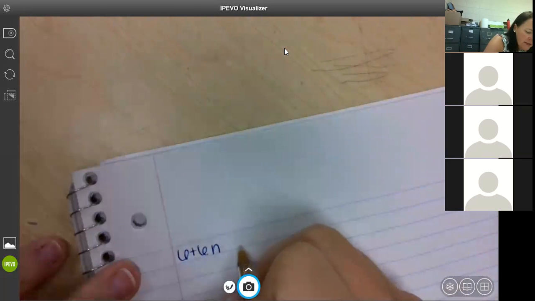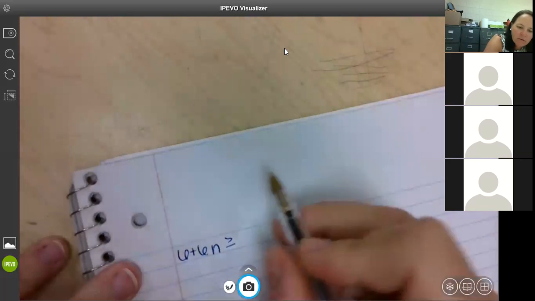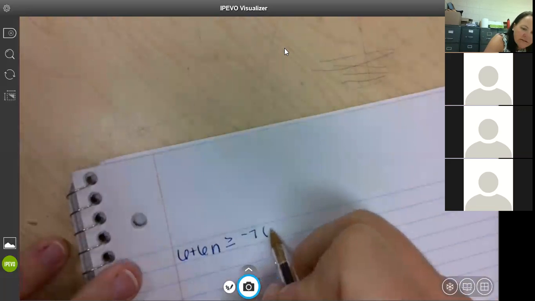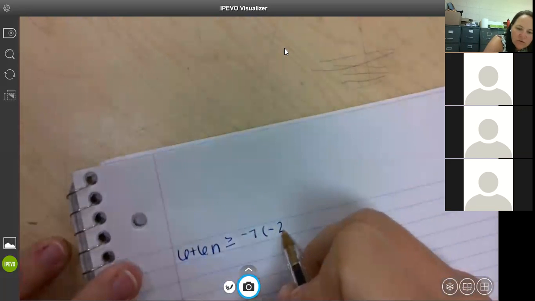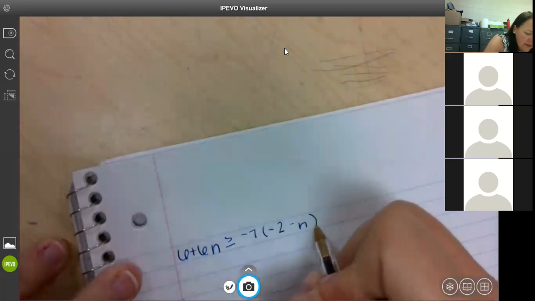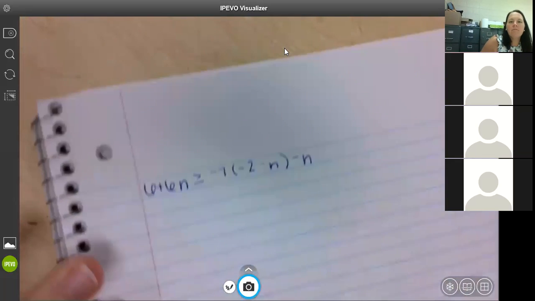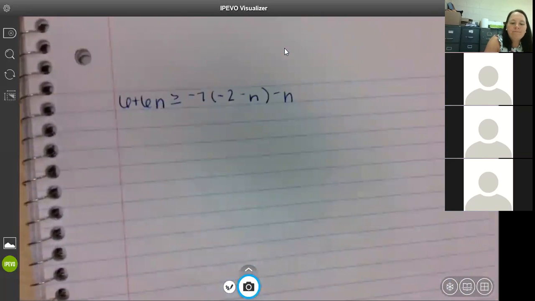6 plus 6n, and I'll move it in a minute, is greater than or equal to negative 7 times (negative 2 minus n), minus n. What do I do on this one?